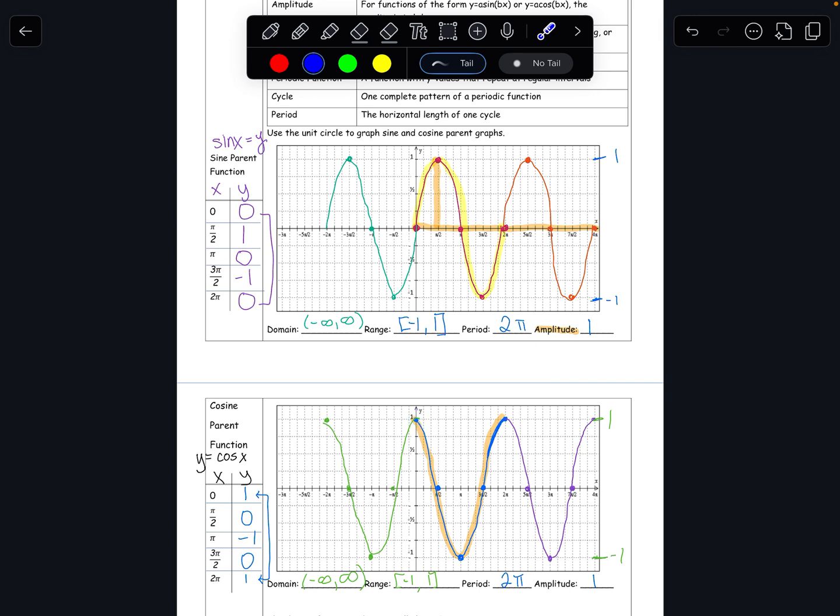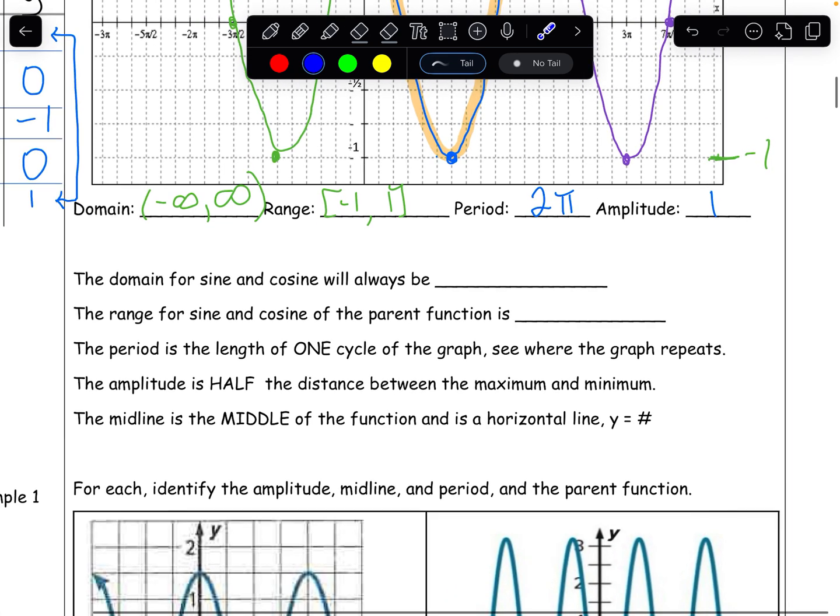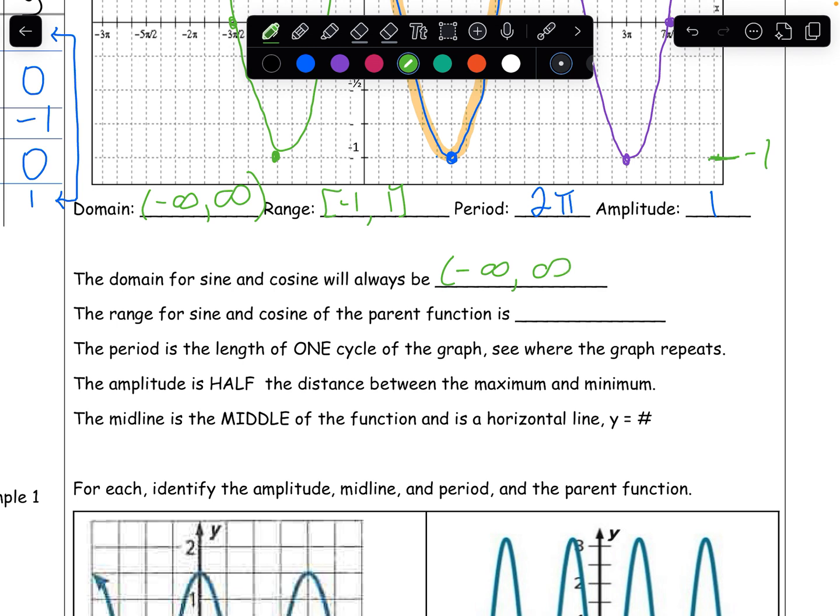Cosine starts at 1, sine starts at 0, and that's how we create that period. And so the domain for sine and cosine, no matter what we do, will always be -infinity to infinity. Now our range, this one will change. So for the parent function, it's -1 to 1.